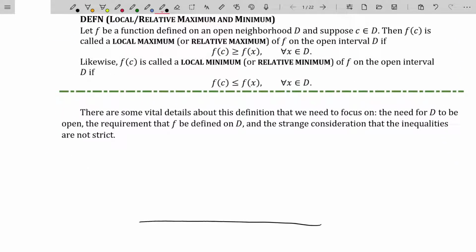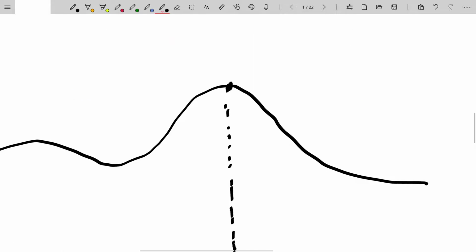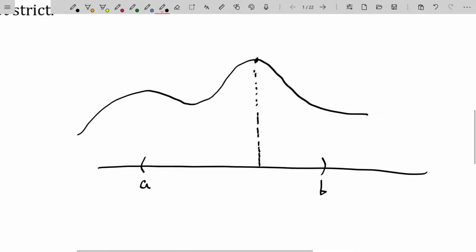So let's just create an interval from a to b. And let's suppose that we have some function that does that type of thing. Then this value right there, notice that y value is greater than or equal to all y values in that open neighborhood.